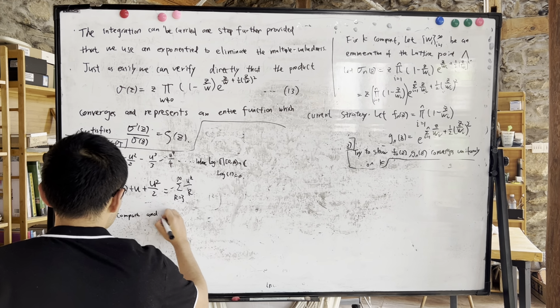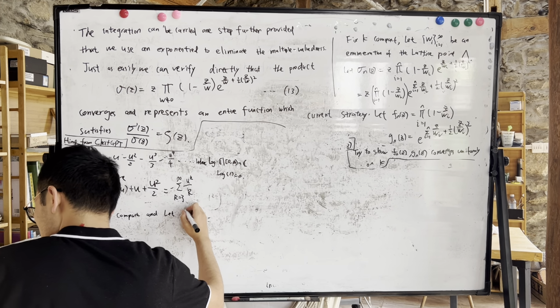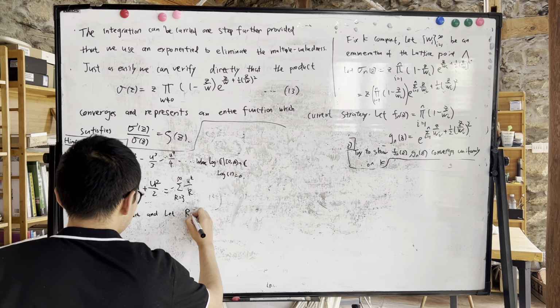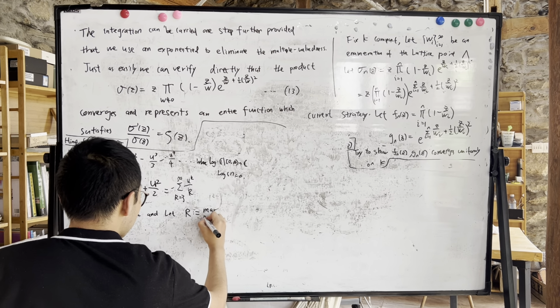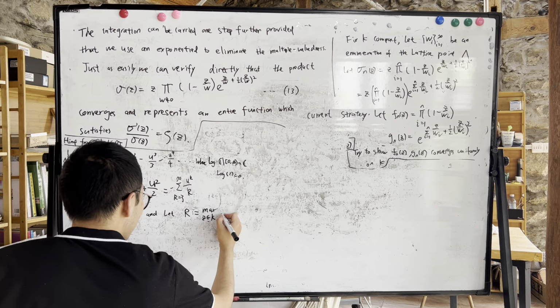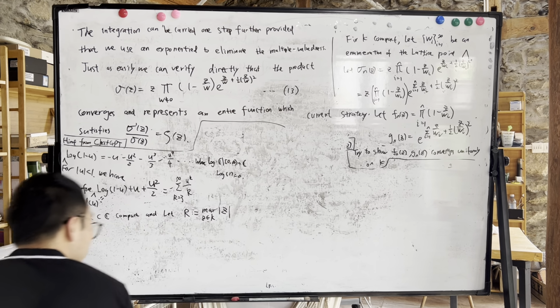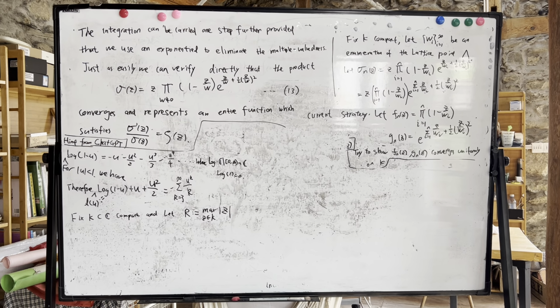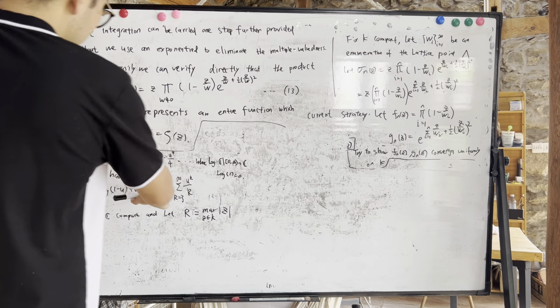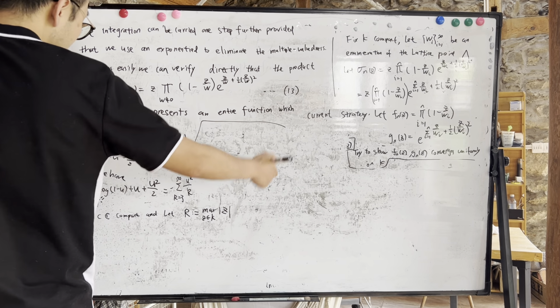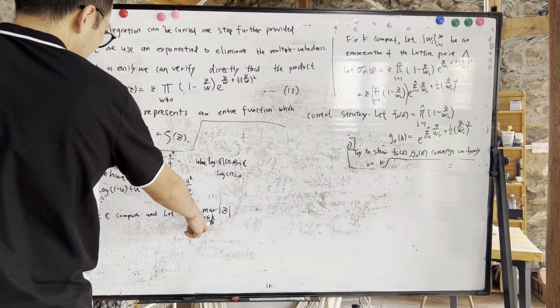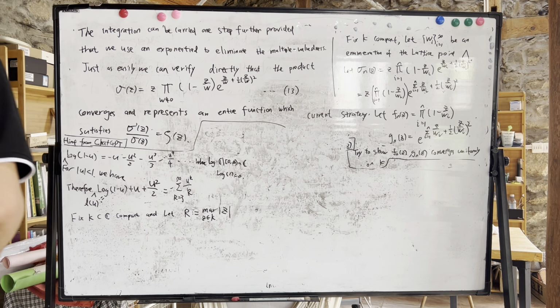And we let R be the maximum of modulus z over z in K. So this is essentially the radius that a disk will contain. It's like the maximum radius of points in this compact subset.